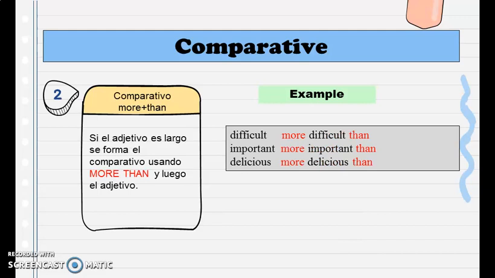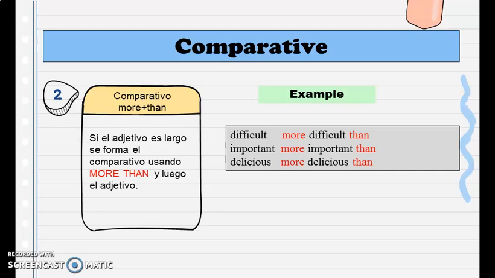The second rule. If you have a long adjective or an adjective that have more than 2 syllables, you must add more before the adjective and then at the end of the adjective than.